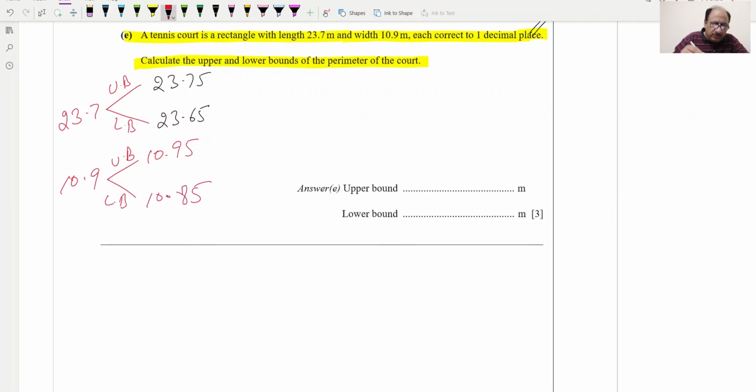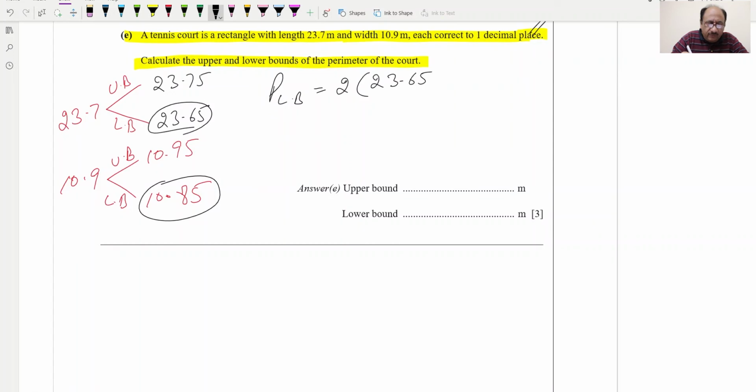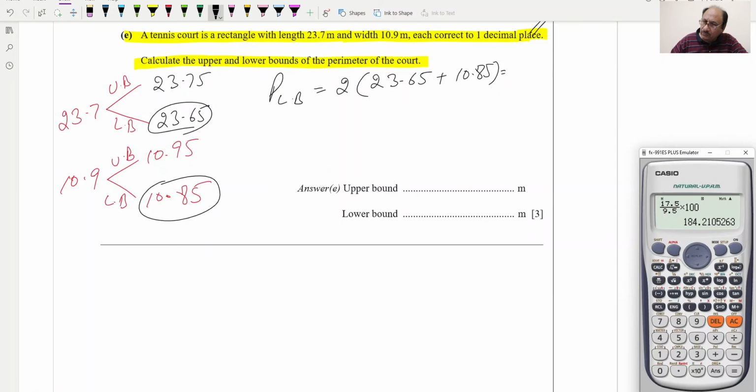Now to check the lower bound of the perimeter, we take lower bounds and calculate on that basis. We know the perimeter is 2 into length plus width, so 2 into 23.65 plus 10.85, and this results in 69.